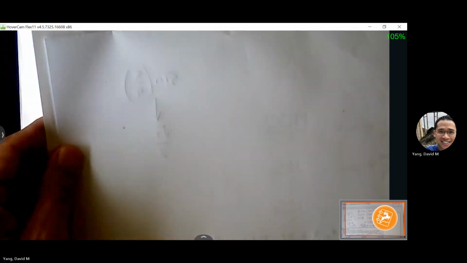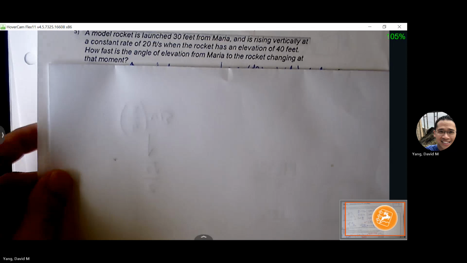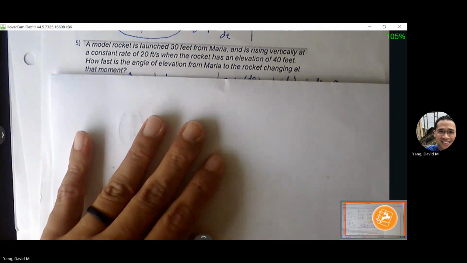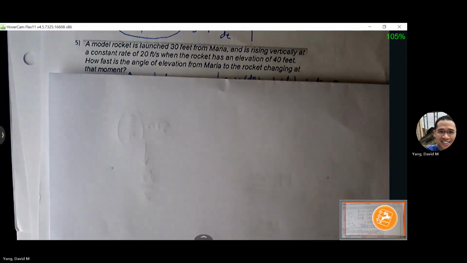And the hint for number 5 is that it's going to be a different trig function than sine. So if you're done with 3, go to the next page, try number 5.